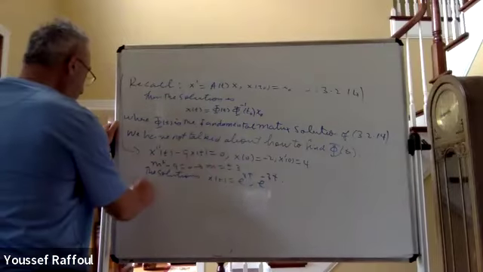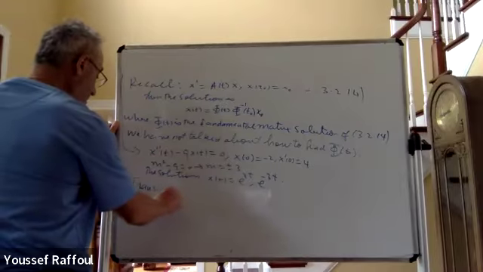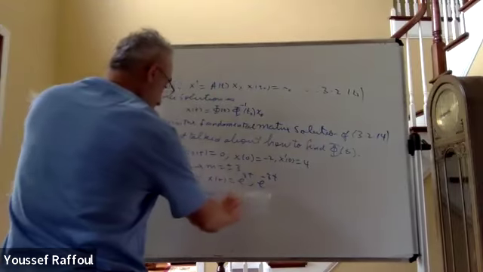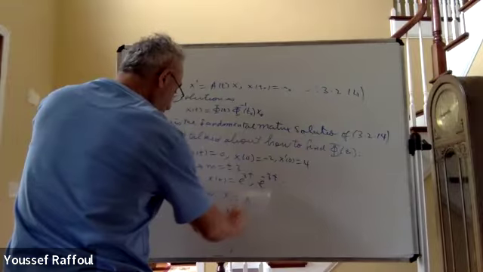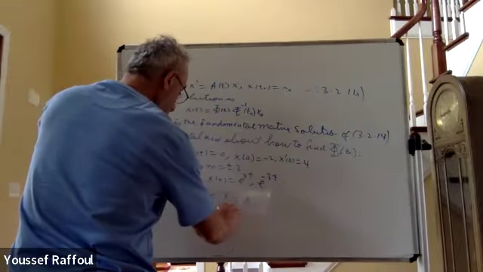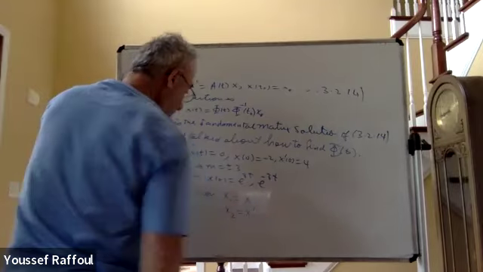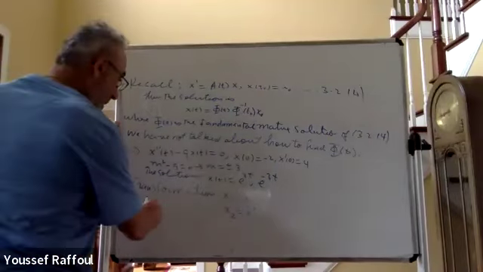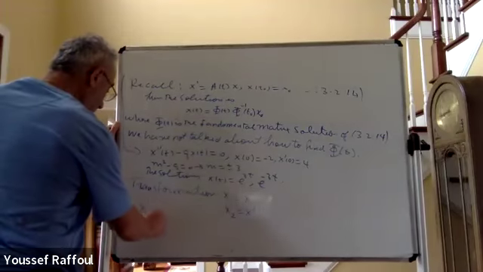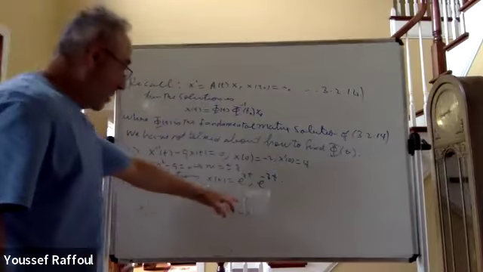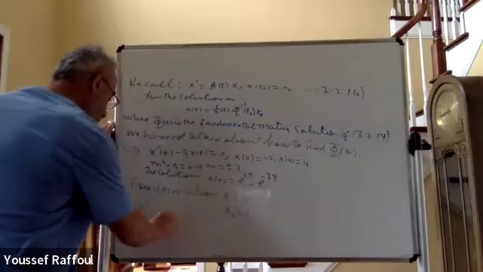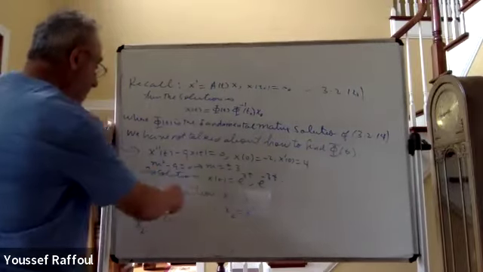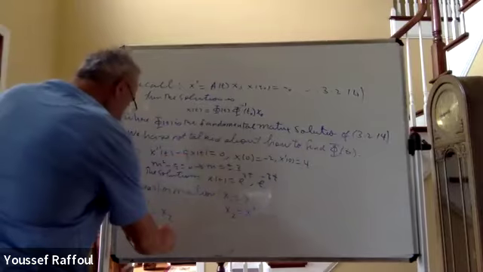So let's do the transformation. x1 equal x, x2 equal to x prime. And then we will have x1 prime equal x prime, which is x2, and x2 prime is x second, that is 9x, that is 9x1.